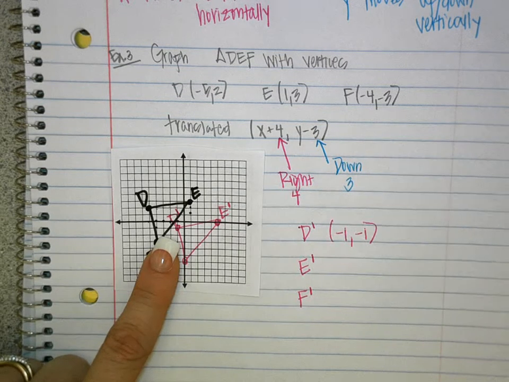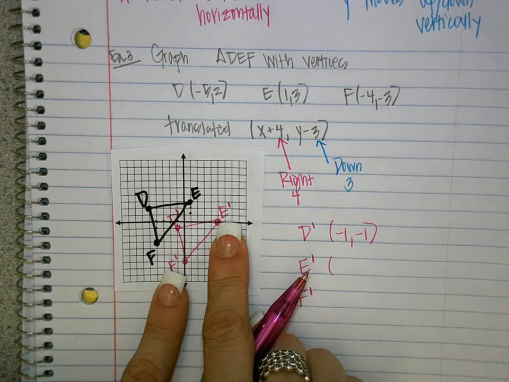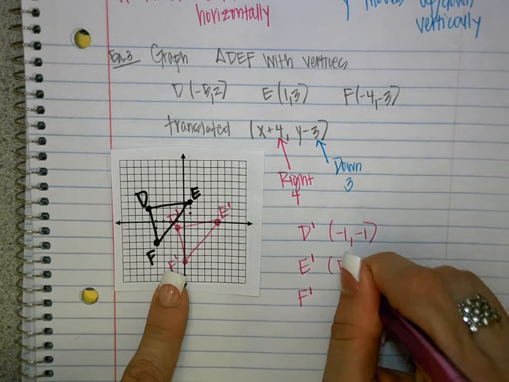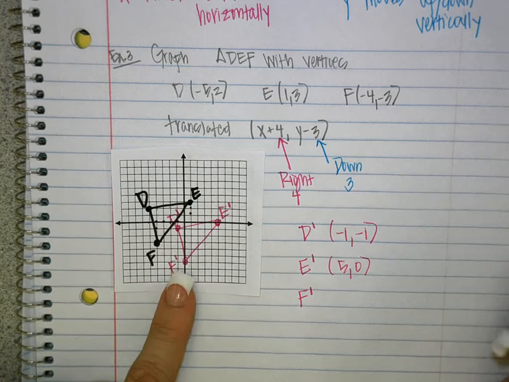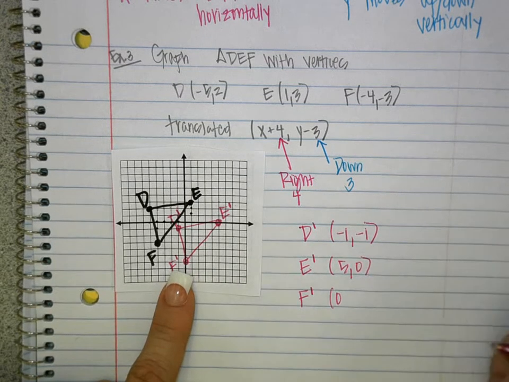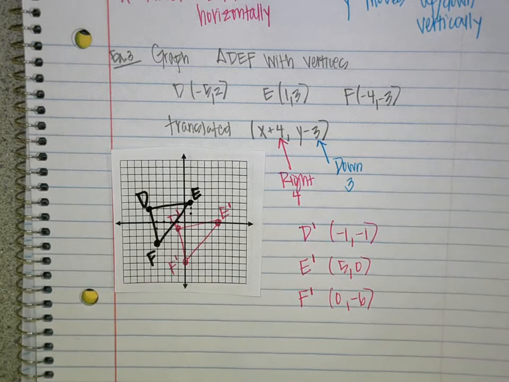E prime is where? What point is this over here? 5, 0. You're moving left or right first, then we don't move up or down. F prime, you're not moving over at all, so it's at 0, and this should be at -6, if you did it correctly.